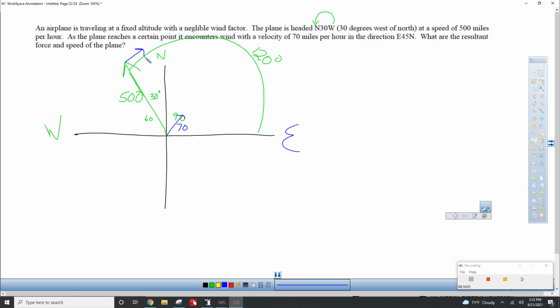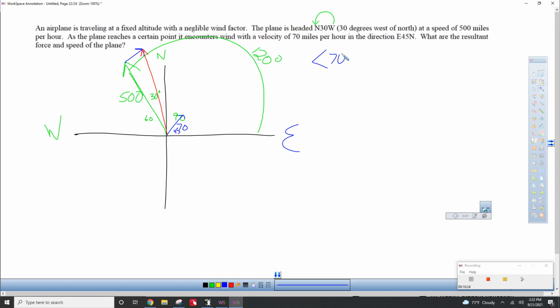So what is our resultant vector going to look like? That's what it's going to look like. So we need to add the green to the blue, and the red will tell us where we actually go. So what's the red one? Well, we said that this was 45 degrees.